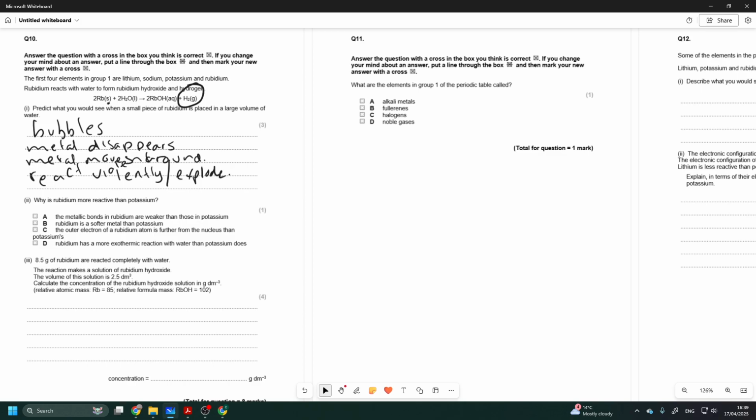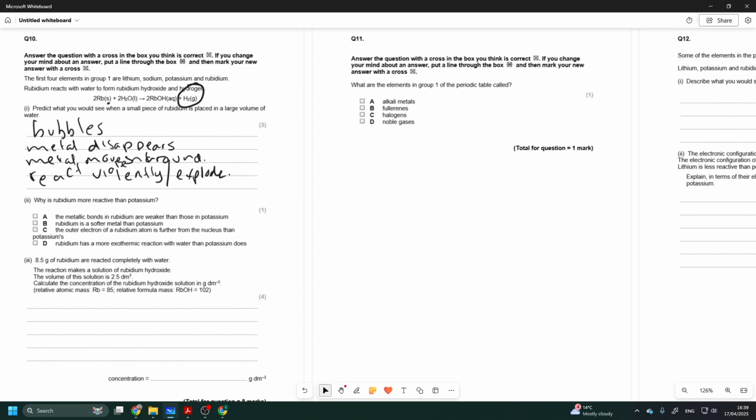Now, why is rubidium more reactive than potassium? Let's have a look. Metallic bonds in rubidium are weaker than those in potassium. It's nothing to do with that, is it? It's about losing an electron. Nothing to do with metallic bonds. Rubidium is a softer metal than potassium. Are soft things more reactive?